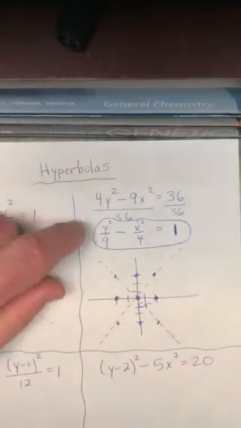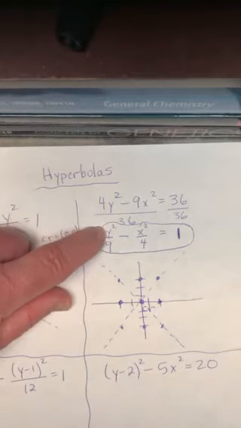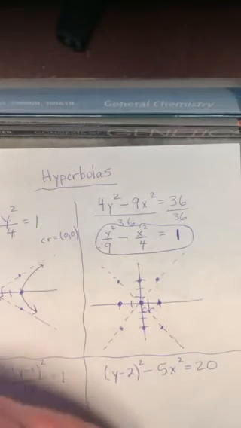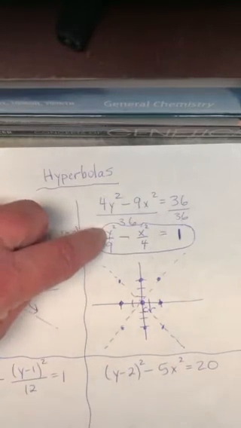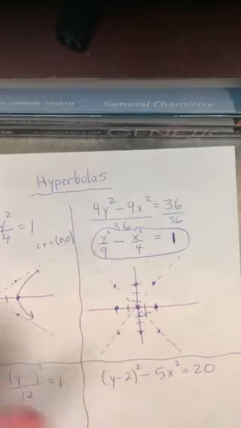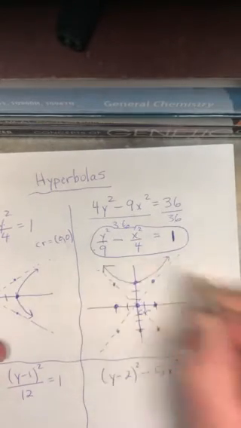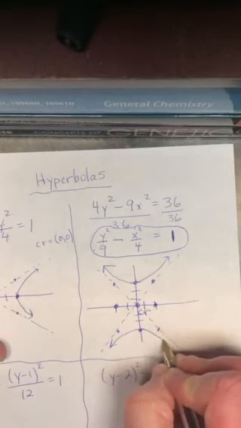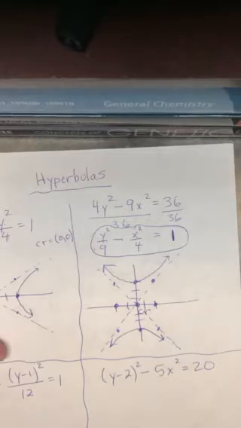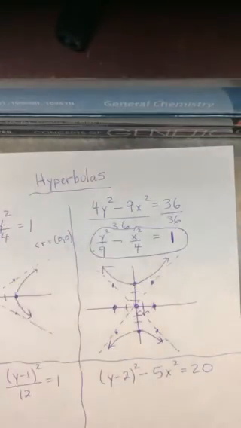Oh, I look out front. The y squared is first, telling me that this hyperbola opens up and down along the y-axis. So since the y squared is first, it opens up and down. Up for one satellite dish, go to this dot, and go down for the other satellite dish. Notice you're supposed to make it as wide as the dotted lines. They get really close to the dotted lines and don't touch them.